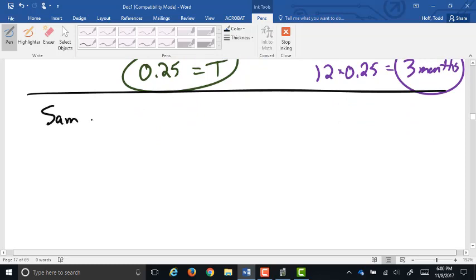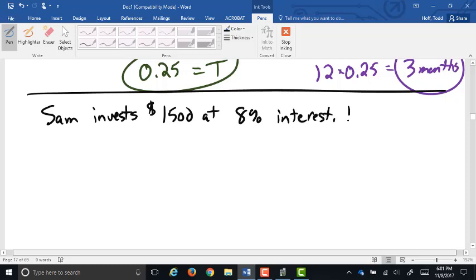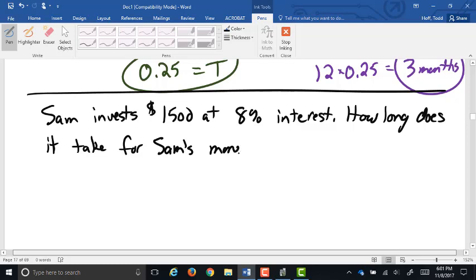If Sam invests $1,500 at 8% interest, how long does it take for Sam's money to double? I'm going to give you a second to think about that one and work on it. Then we'll talk.